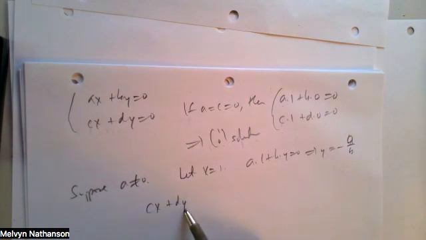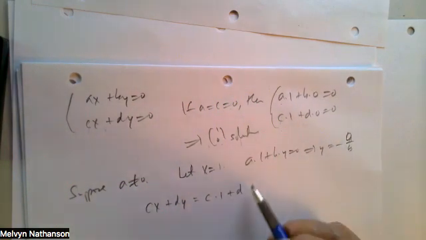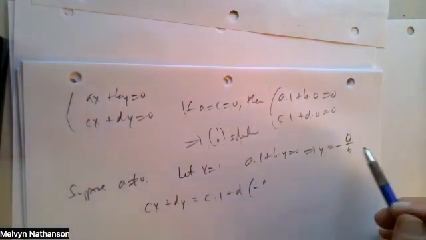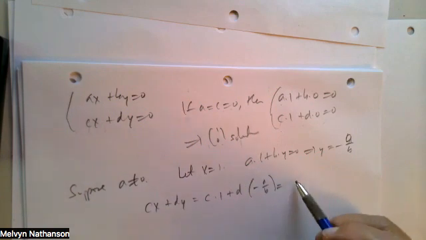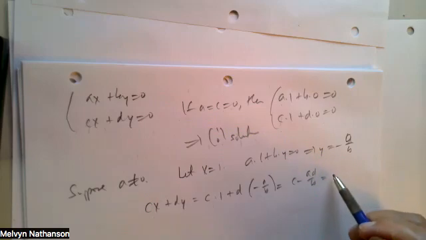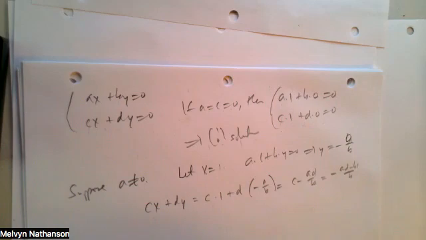CX plus DY, well, C times 1 and D times minus A over B. What is that? That's C minus AD over B. That's minus (AD minus BC) over B.